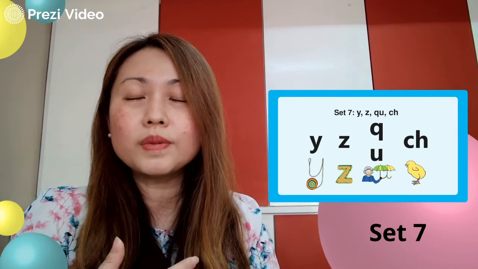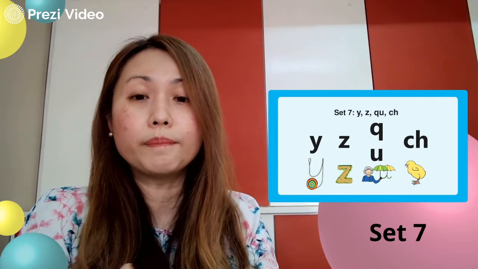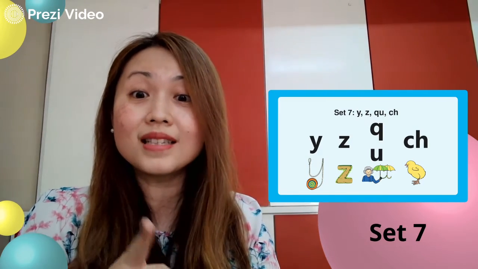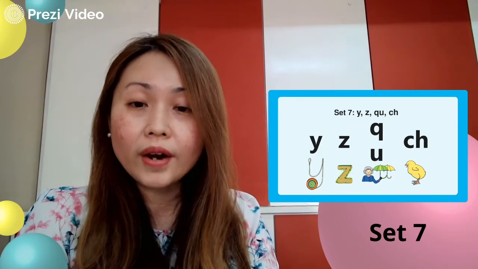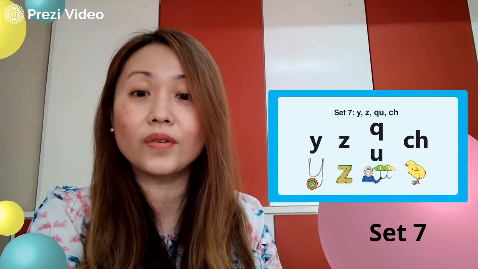To distinguish between digraphs and trigraphs, digraphs are where you have two letters forming one sound, whereas with trigraphs, you will have 3 letters forming a single sound.